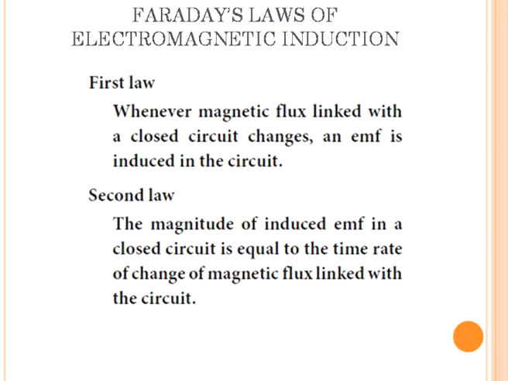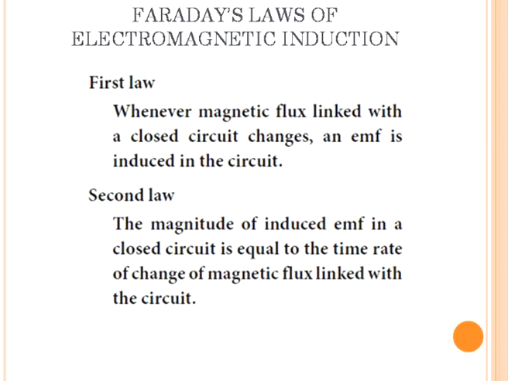In that way he thought, and he succeeded also, right? And finally he and also Joseph Henry both did many experiments to demonstrate electromagnetic induction, and finally Michael Faraday came out with two laws for electromagnetic induction.